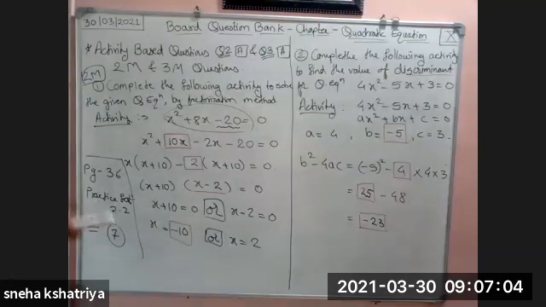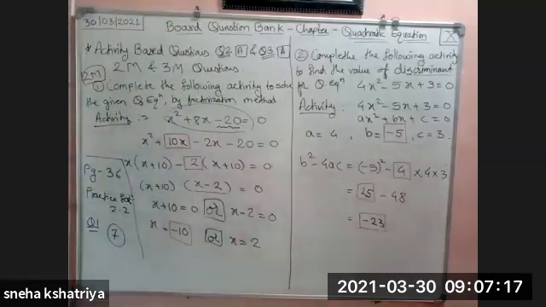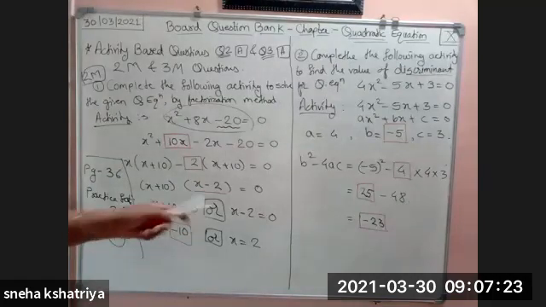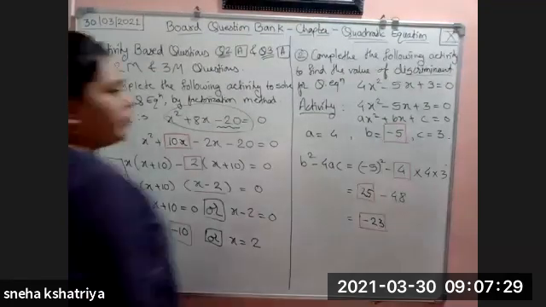We have to find out only the value of the discriminant. We don't have to think whether it is positive or negative, because under root of b square minus 4ac with a minus sign is not there for you this year. It will come next year, when you go to 11th or 12th, where you will get values of under root of minus. So only these 4 boxes you have to fill up here.